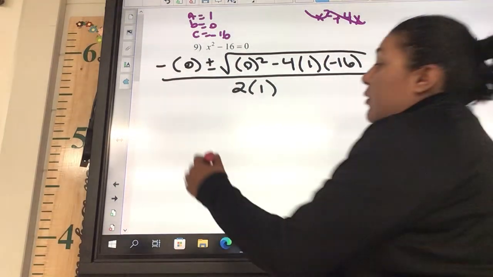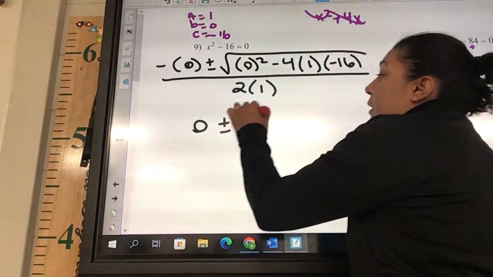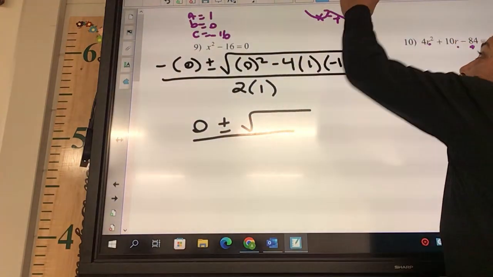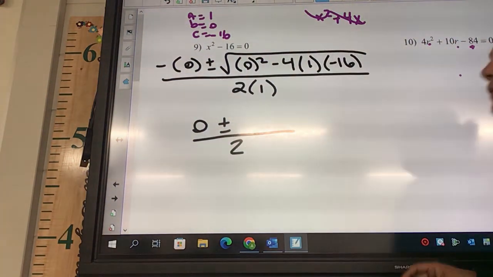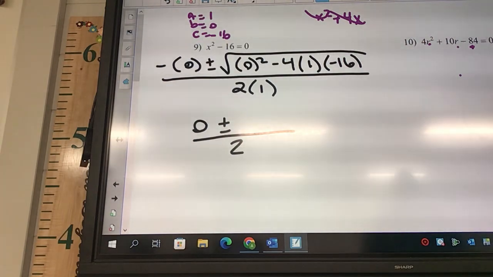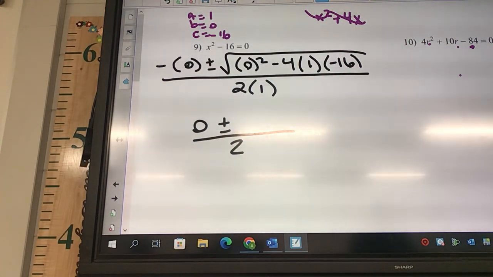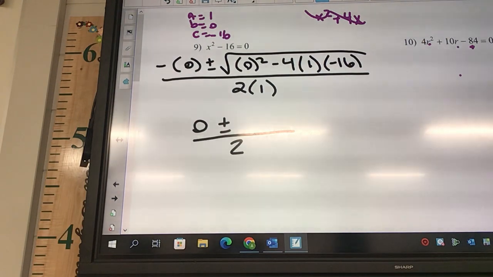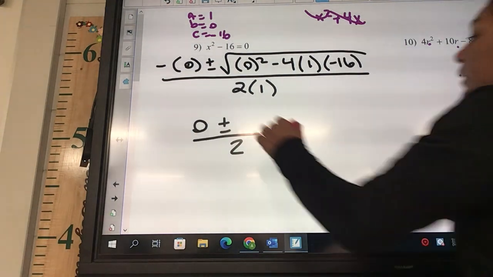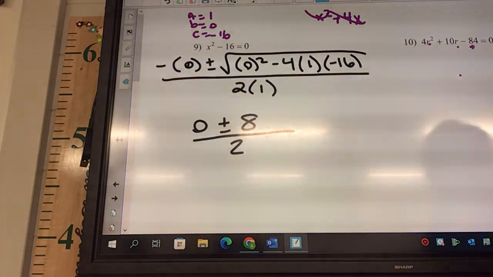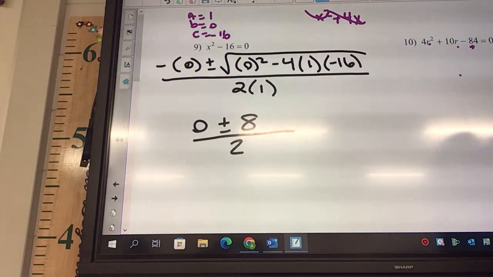You can still put the minus 0, but it's just 0 really. Plus or minus. What about for the bottom? 2. 2 times 1 is 2. Okay, and then type that in and see what you got. 8? Okay, and again, this is what you can do in your head if you want to. If you prefer to just type it out, okay?